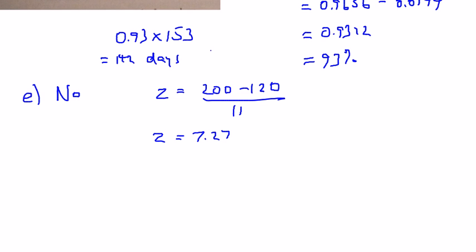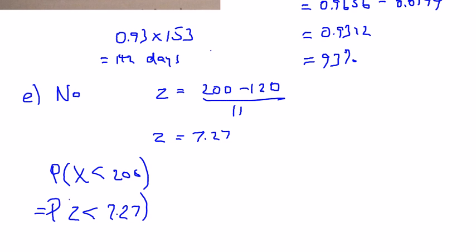We could, with technology, maybe calculate that, but I think it's going to come out to 99.9999999 right off the screen. So I'm not even going to entertain the notion. I'm just going to say the probability that x is less than 200 is the probability that z is less than 7.27, which is 100%.